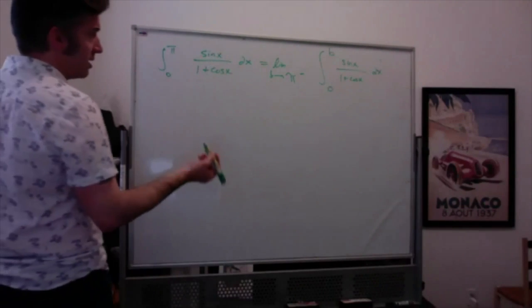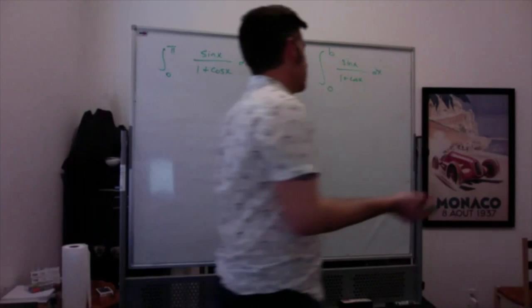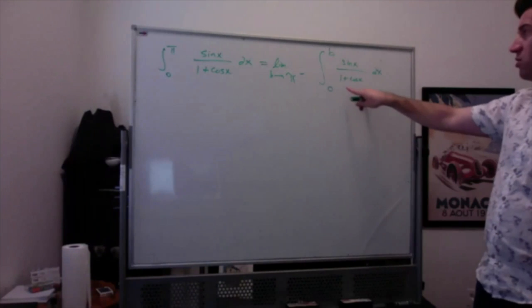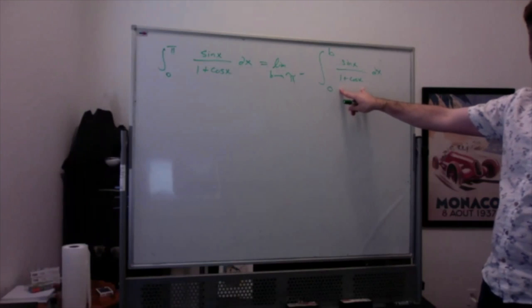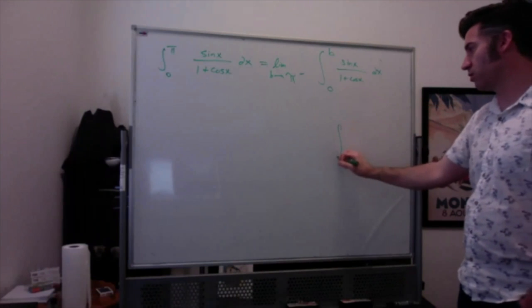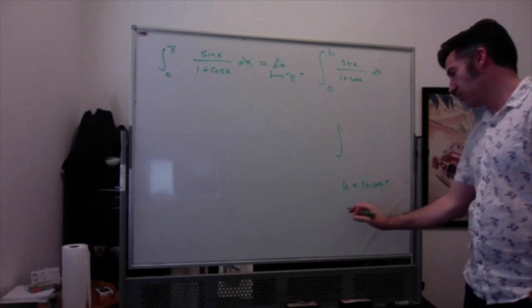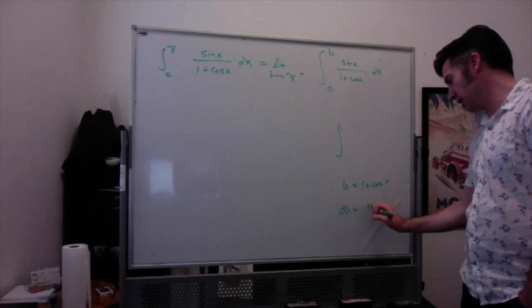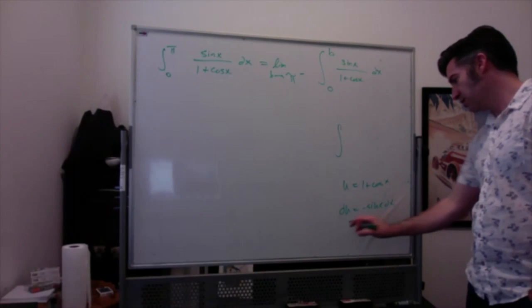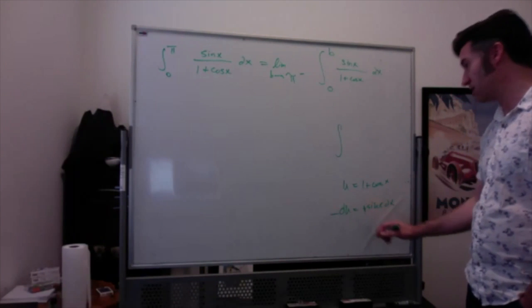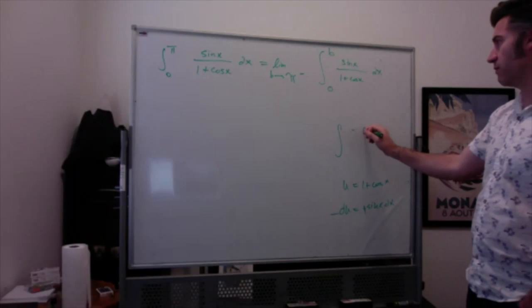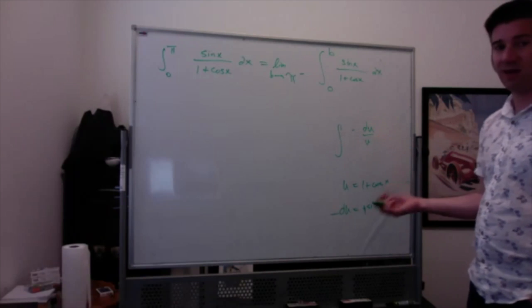So let's integrate this. Hopefully you can see that if you let u equal 1 plus cosine x, your du is negative sine of x dx. So negative du is positive sine of x dx. This becomes negative du over u, and we know how to integrate that.